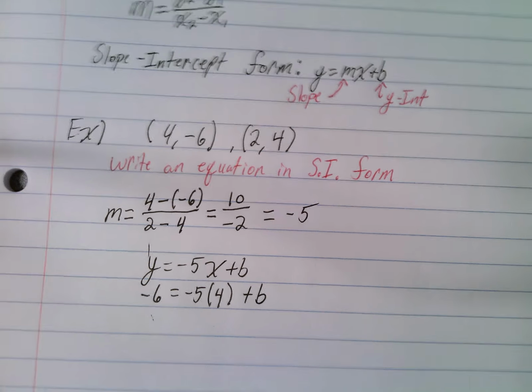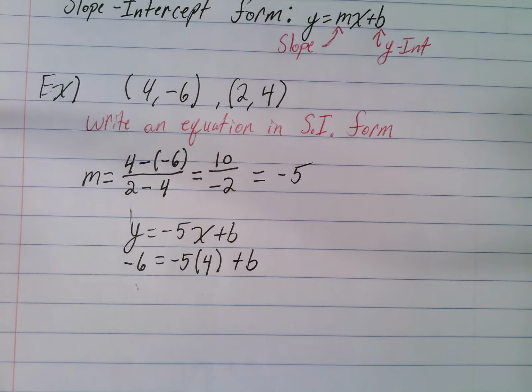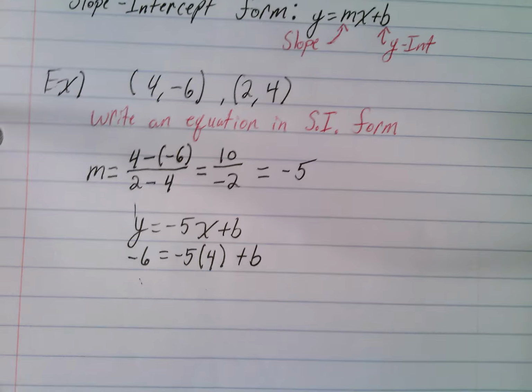Okay, so we're just trying to find b here. What's -5 times 4? -20. How do I get b by itself? Add 20. What is -6 plus 20? 14.